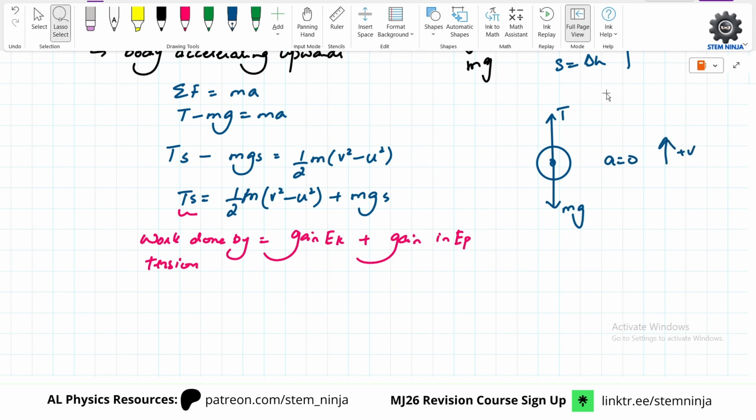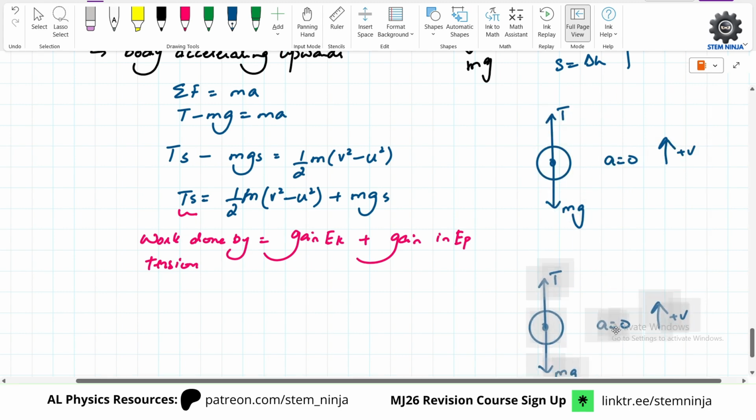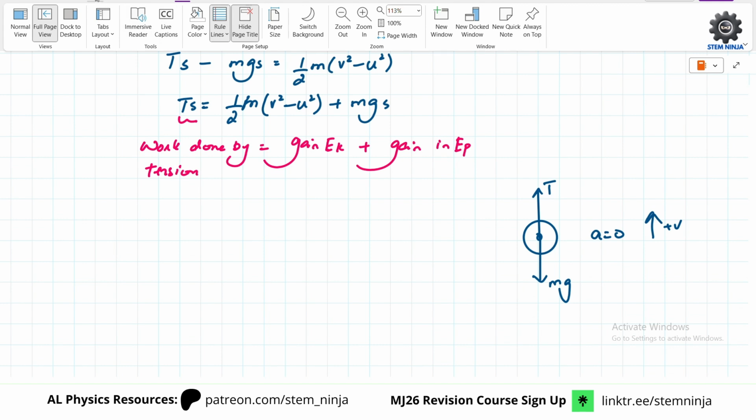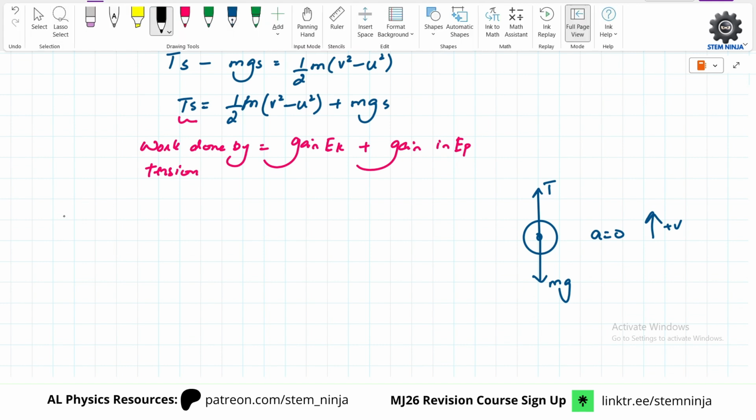So actually we should have made it a little bit downward. So the case is an object lifted up with constant speed or velocity.